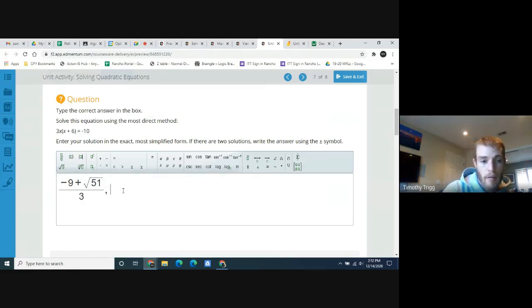And the other one was fraction again. Negative 9 minus the square root 51 over 3. All right, so those will be your two solutions in this case. It says use the plus or minus symbol, but there's no plus or minus symbol here, at least not that I can see. So we just use a plus and then a minus version. That's fine.